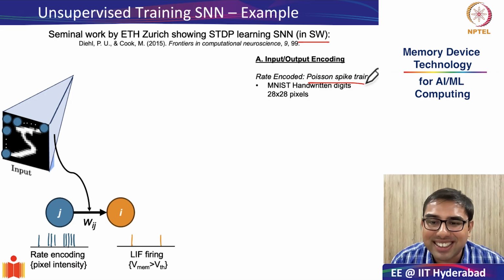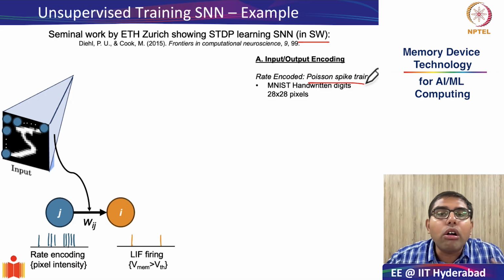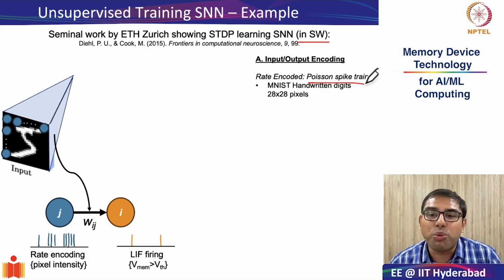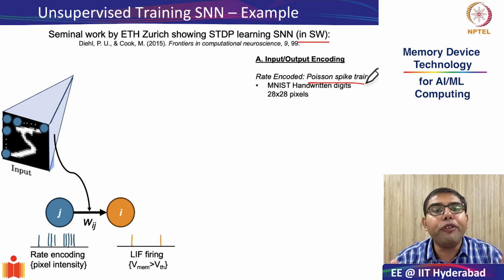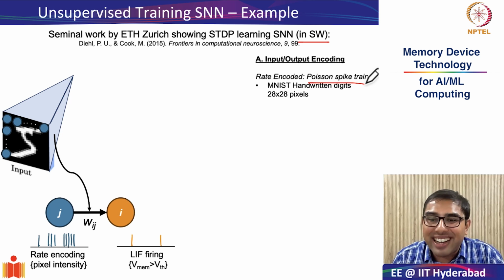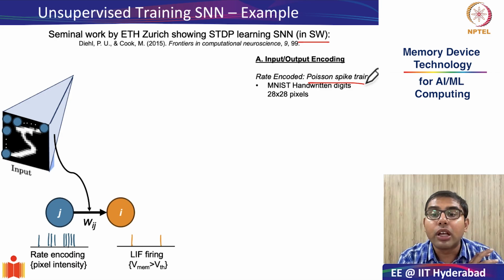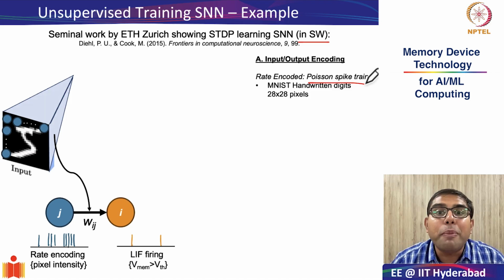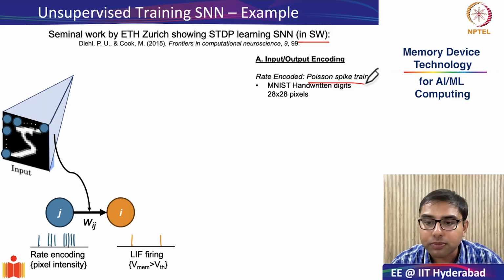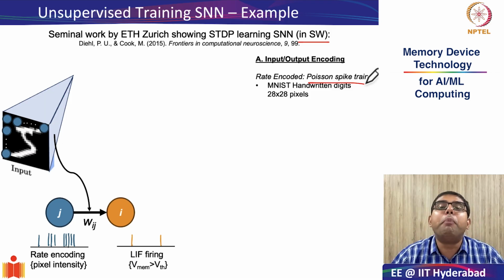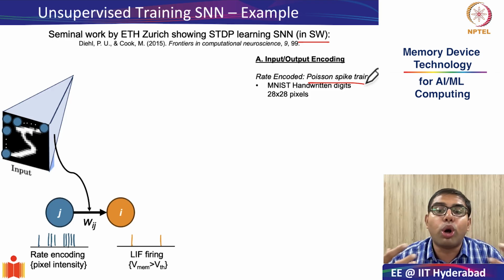But why does that help us? It helps us because it gives a lot of robustness to the network. Just imagine, if you had to denote 255 pixel intensity by uniform spiking, there is only one way to do that. However, if you include a distribution in the interspike timing, there are many ways of representing the same pixel data, and this helps in building redundancy and therefore also robustness.